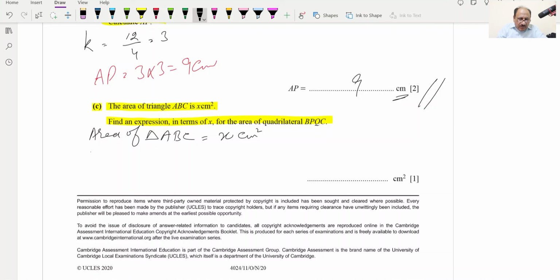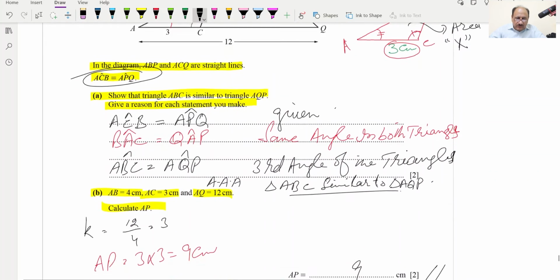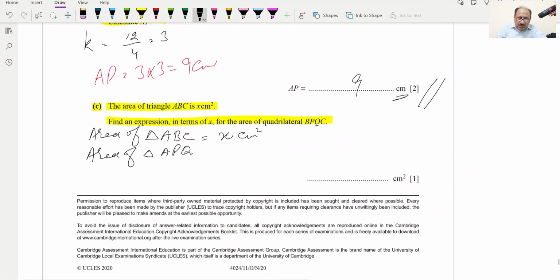Now area of triangle APQ: if this one is having area x, this will be 3, which is the ratio, so 3 squared into x. So area of APQ is equal to 3 squared x, which is equal to 9x.